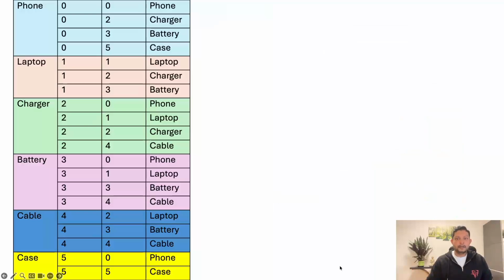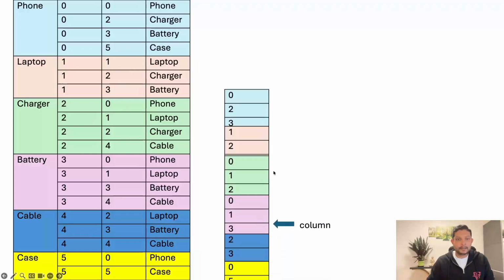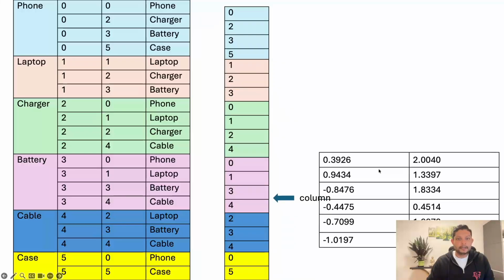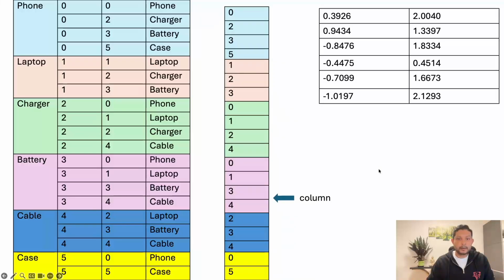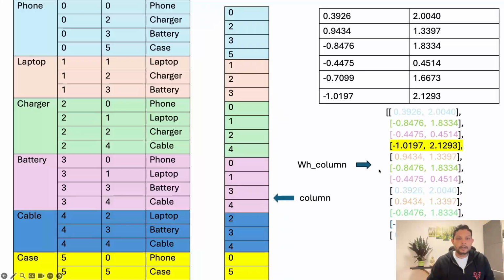Moving on, similarly we need to do the same calculation based on the column index. Initially we saw in the previous one, this is the row and this is the target index, or the column index. And if we continue building this and do the same calculation again, then we get this kind of data again.